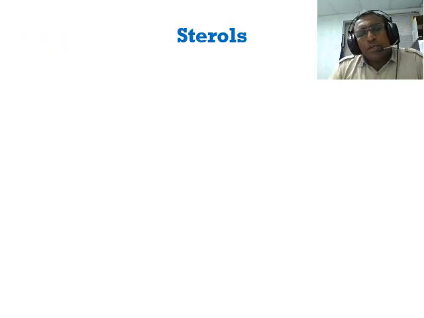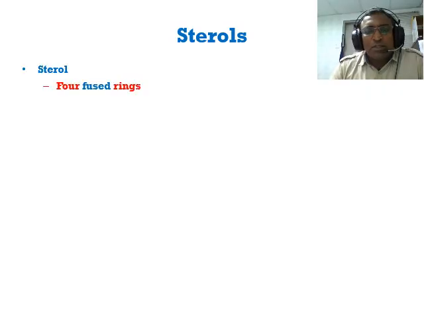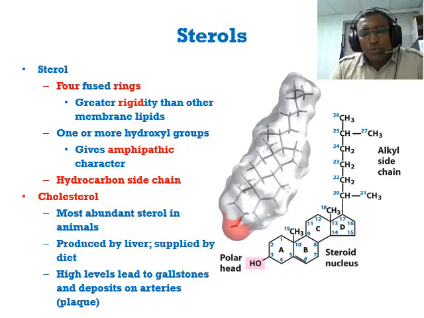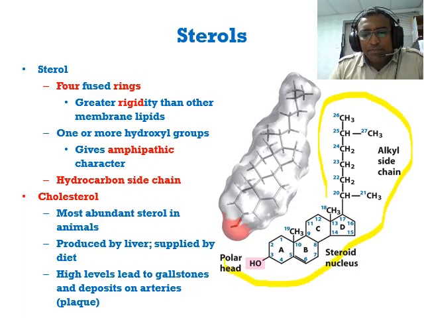So next we look at sterols. Sterols are also made from these isoprene units, and it is done in the liver of a person. So this is how the cholesterol structure looks like.